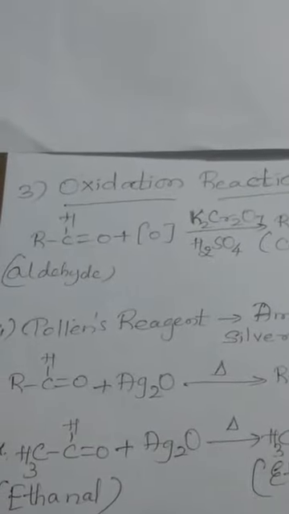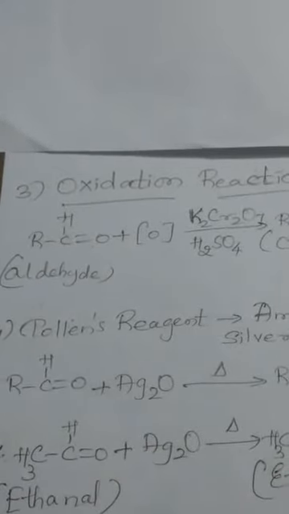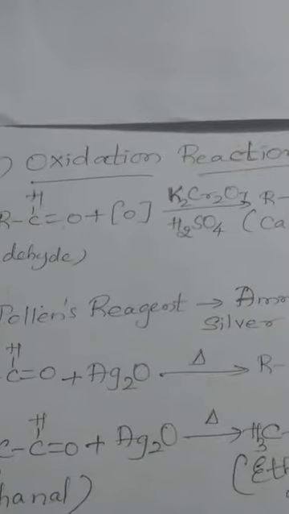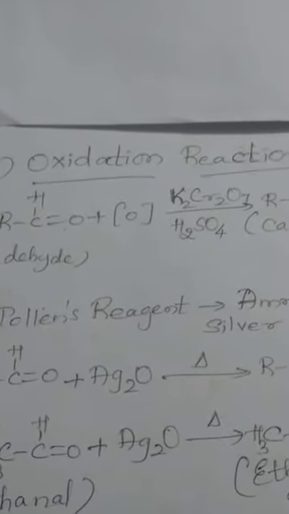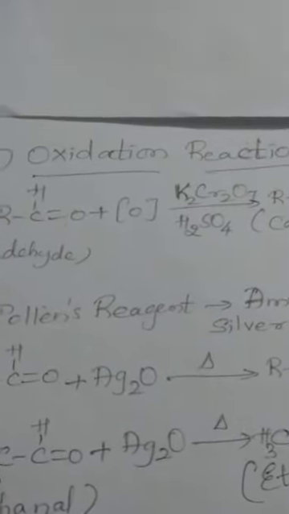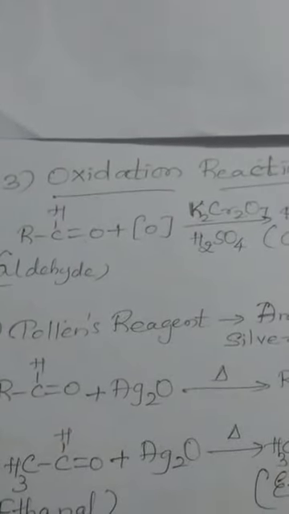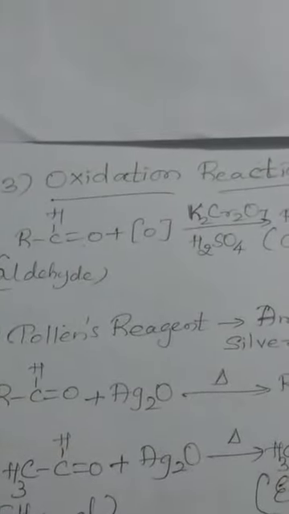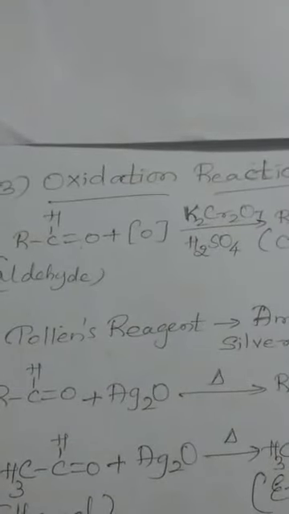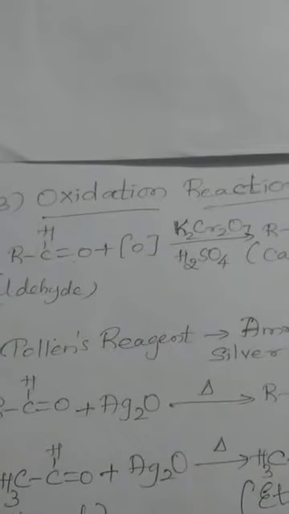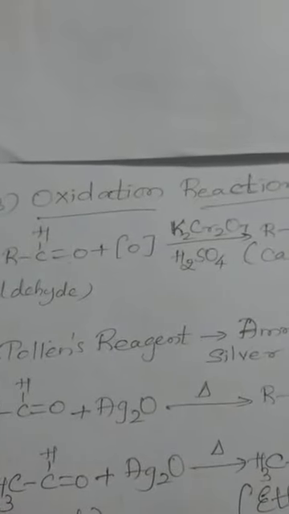In the presence of strong oxidizing agents, I hope you all know examples of strong oxidizing agents, either you can use acidified potassium dichromate, K2Cr2O7 in H2SO4, or acidified potassium permanganate, KMnO4 in H2SO4. Now these oxidizing agents generate nascent oxygen.